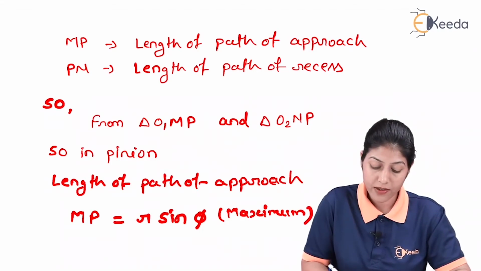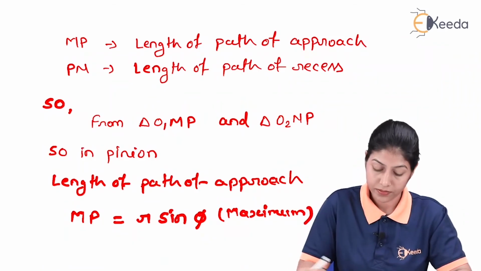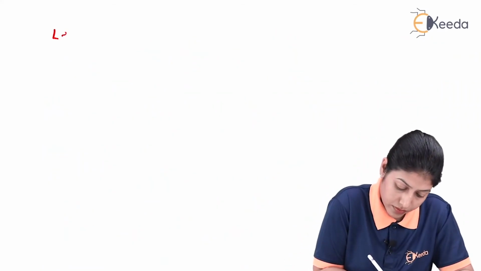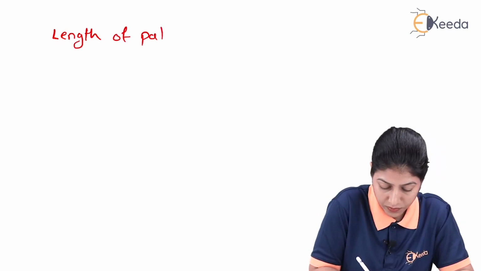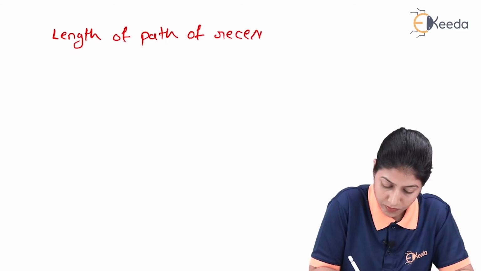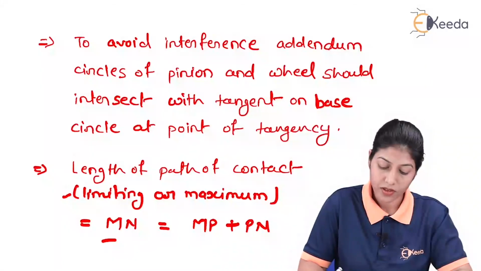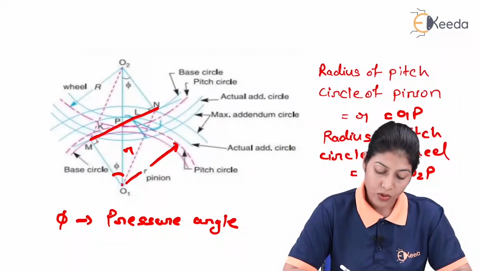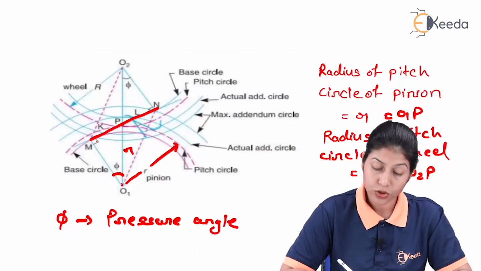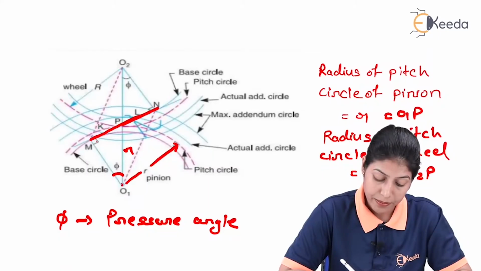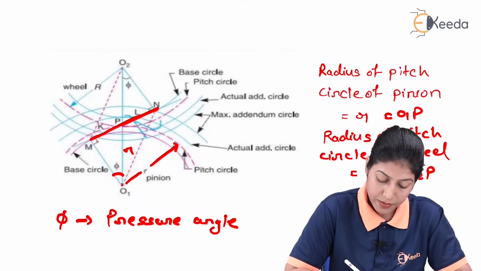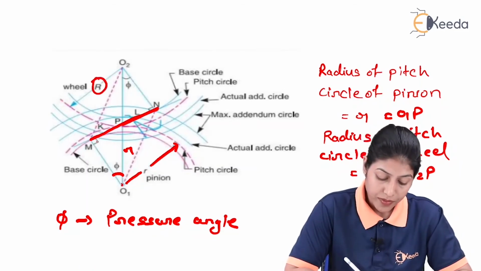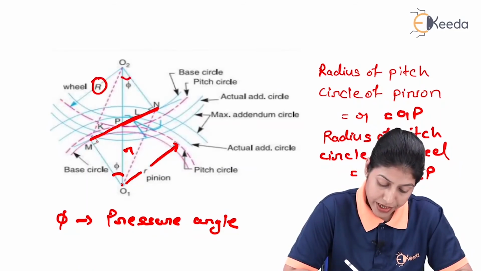Similarly, we can define the length of path of recess. From triangle O2PN, we define the length of path of recess, represented by PN. Here O2P is capital R, with the pressure angle phi.